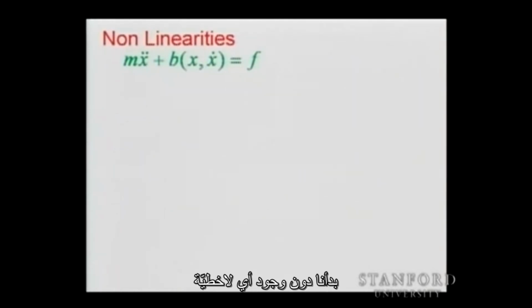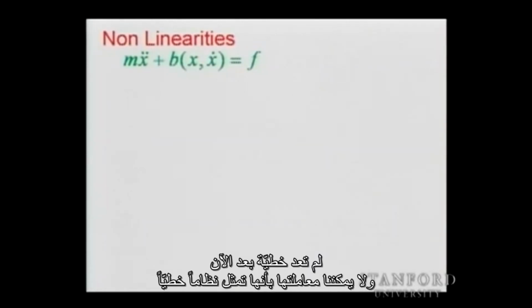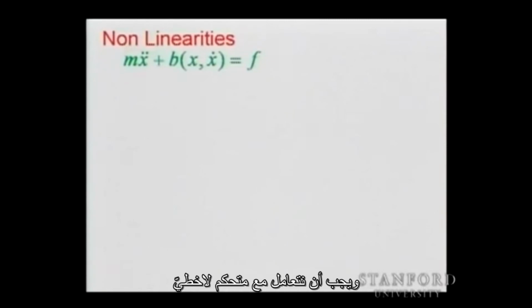So we started with the system without any nonlinearity, and now I'm just adding a little bit of nonlinear friction, like some stiction on that joint. So the equation changed completely. It's nonlinear now. We cannot just treat it as a linear system, and we have to deal with a controller that is going to be nonlinear.